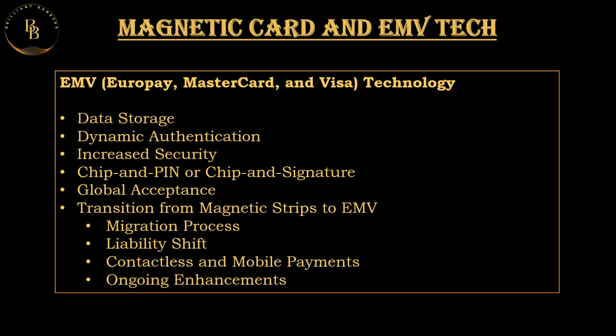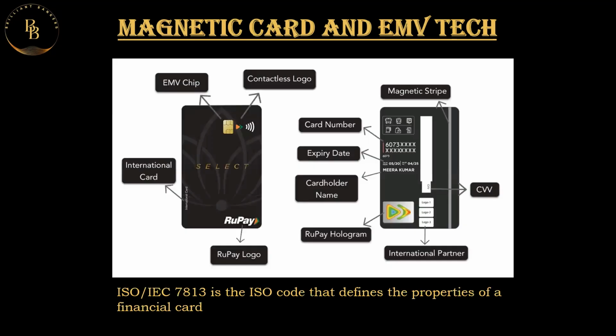So let's see what is a magnetic and an EMV technology card. What are the things in a magnetic and EMV technology card? All this data is as per the ISO or IEC 7813, and this is the ISO code for the EMV cards. So what are the things that you have in an EMV card?